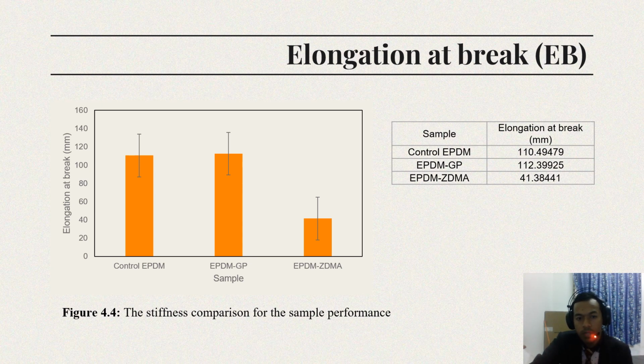The control EPDM sample breaks at 110.49479 mm, while the EPDM with GP breaks at 112.39925 mm, which is higher compared to the control EPDM sample. For the EPDM with ZDMA, it breaks faster compared to the control sample and EPDM with GP, breaking at 1.38441 mm.